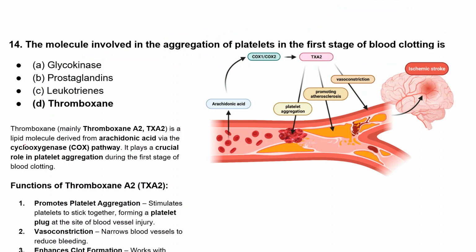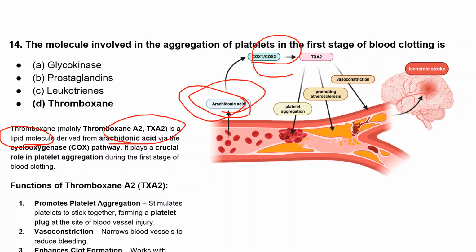This thromboxane is a lipid molecule, and it is derived from arachidonic acid by the COX pathway. It is derived from arachidonic acid through COX-1 and COX-2, and it plays a very crucial role in platelet aggregation, because the COX-1 and COX-2 enzymes activate TXA2, and it will promote platelet aggregation.